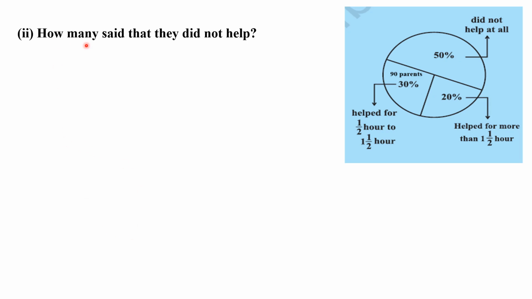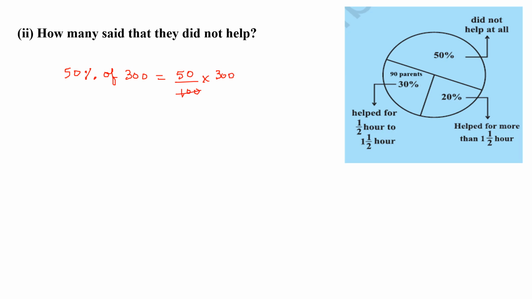Now the second part is how many said that they did not help. From this pie chart it is very clear that 50% of the parents did not help at all. So how to find how many parents actually did not help? We already know that the total number of parents is 300. So the number of parents who did not help will be 50% of 300, which is 50 by 100 into 300.